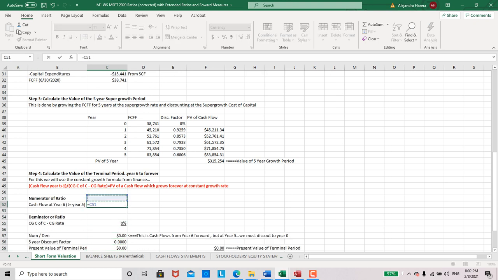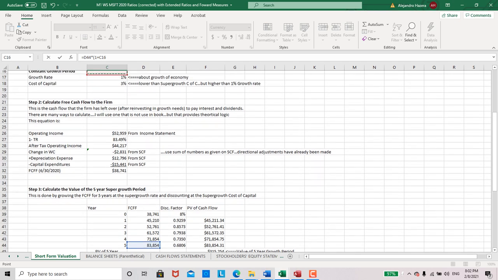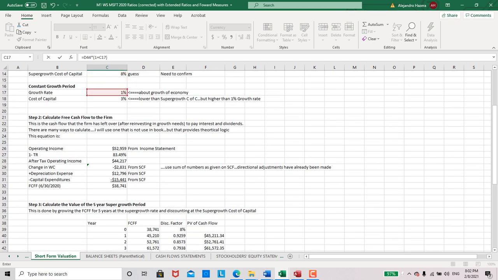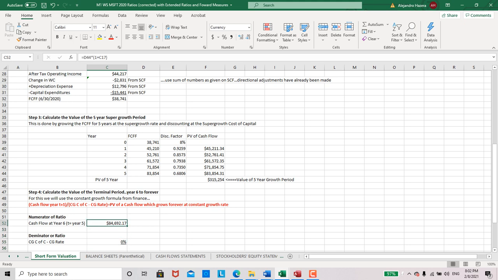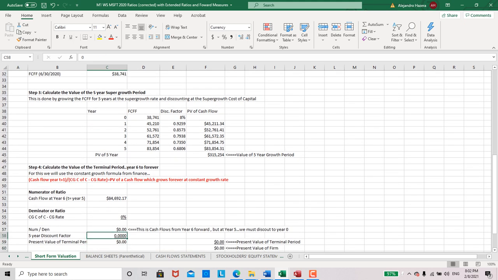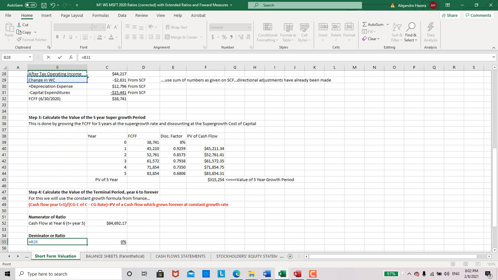So if we take year 5 cash flow and multiply it times 1 plus the growth rate starting in year 6, which is only 1%, that gives us our numerator.